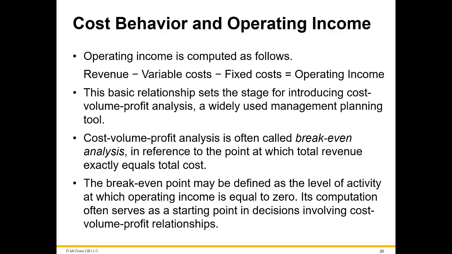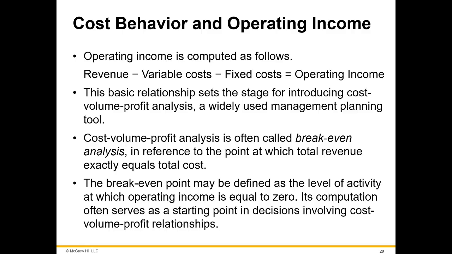Okay, how is operating income computed? Well, it's going to be the revenue less variable costs less fixed costs, and we'll just throw in here the semi-variable costs as well. But for simplicity, we're just going to break this down into variable and fixed costs. Okay, so revenue less these costs equal operating income.